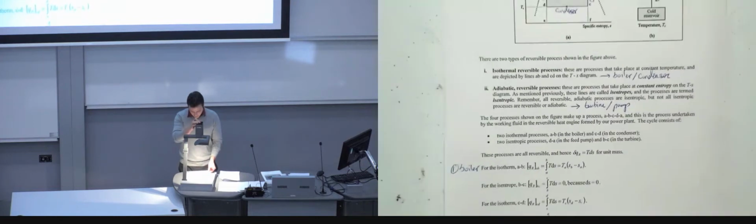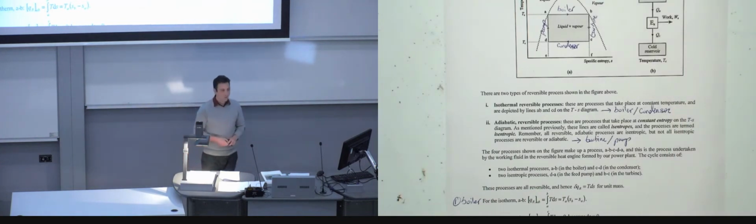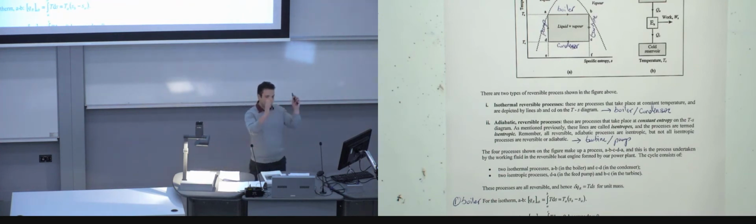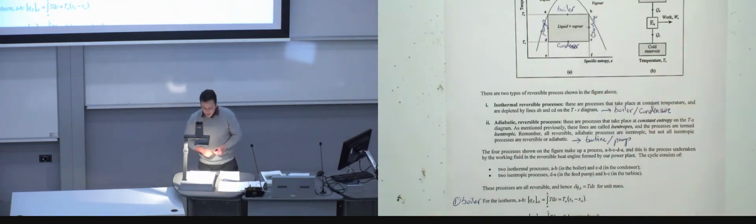I'm just going to zoom out so you can see both. The boiler, if you want to think about what is the Q, the amount of heat for the boiler, remember I related Q to TdS, and I said it's the area under the curve. Well, here you can plot and you can calculate the area under the curve as well.